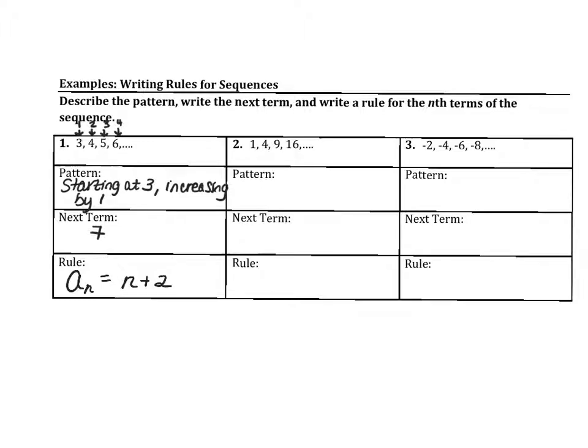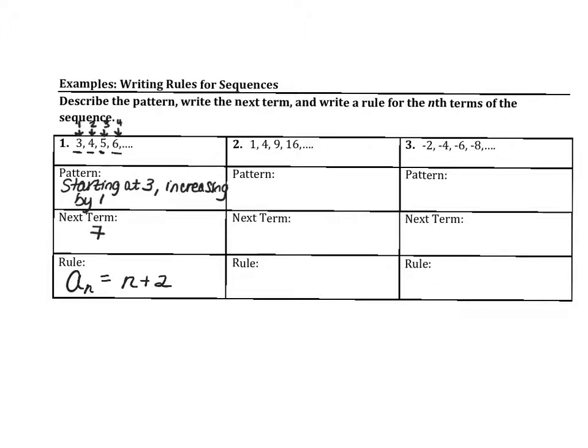I'm plugging in a 1 for my n. 1 plus 2 is getting out that 3. When I plug in a 2, 2 plus 2 is giving me that 4. Plug in a 3, 3 plus 2 is giving me the 5, and plug in a 4, 4 plus 2 is giving me the 6. So these are the things that you need for these problems. Describe the pattern, what is the next term, and then write the general rule that's describing that pattern, and that general rule has to contain the variable.